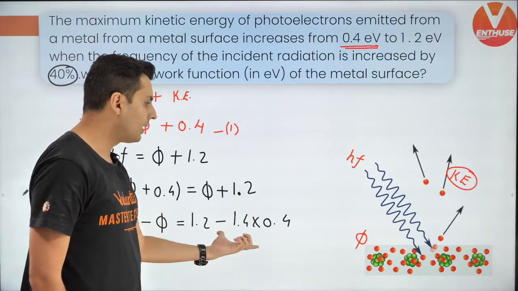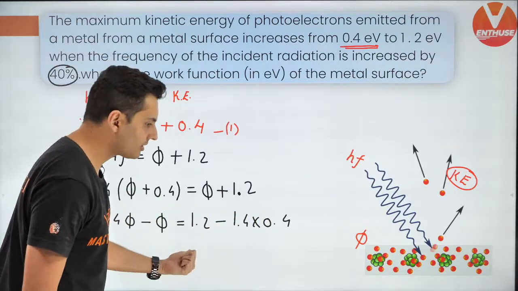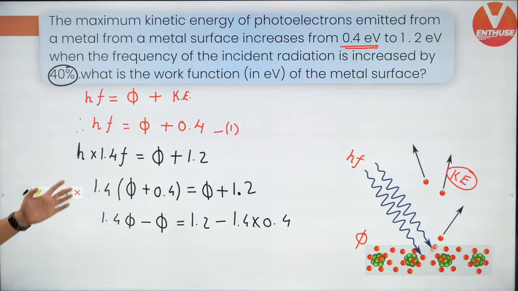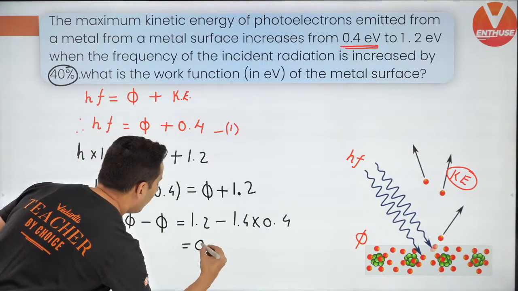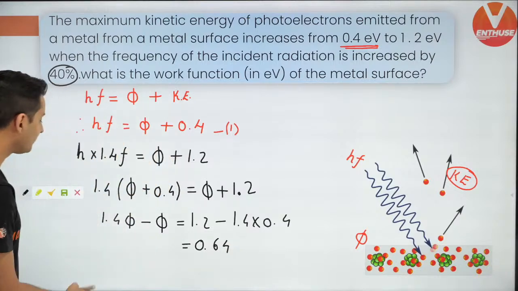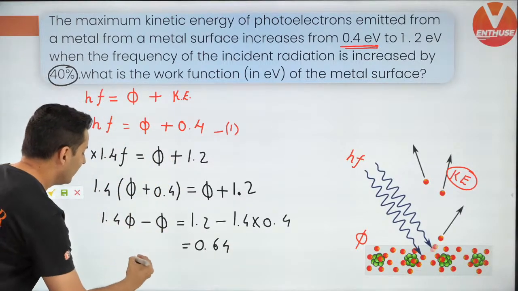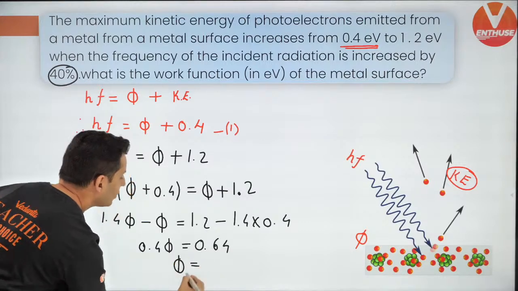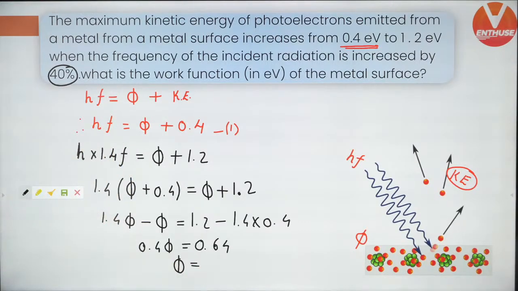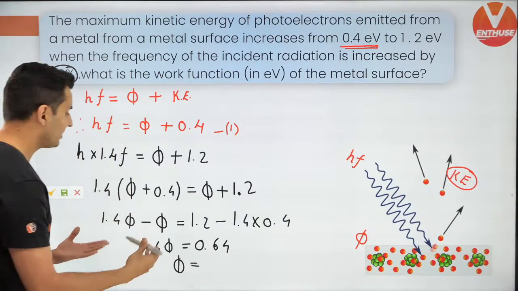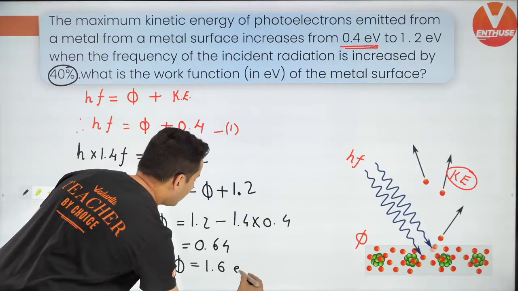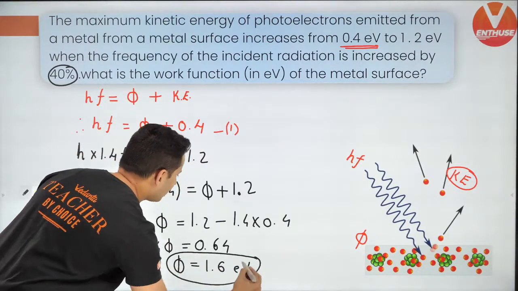Now 1.2 minus 0.56 is 0.64. So you get 0.64 over here, and 1.4 minus 1 is 0.4. Therefore phi is 0.64 divided by 0.4, which is 1.6 electron volt. That will be the answer.